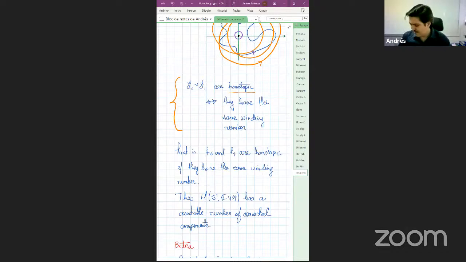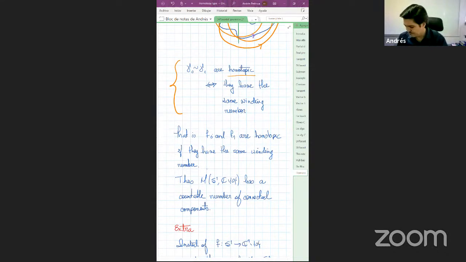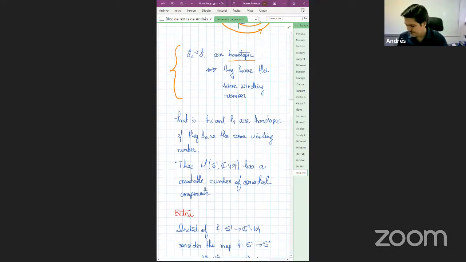Now, I'm going to change this, exactly in the same way that you did in complex analysis. Instead of taking the complex numbers minus the origin, I'm going to take the unit circle. Okay?